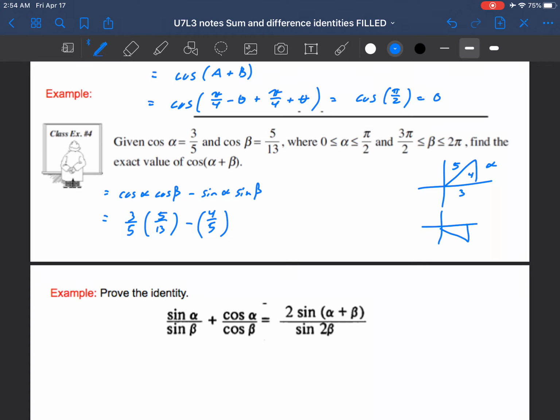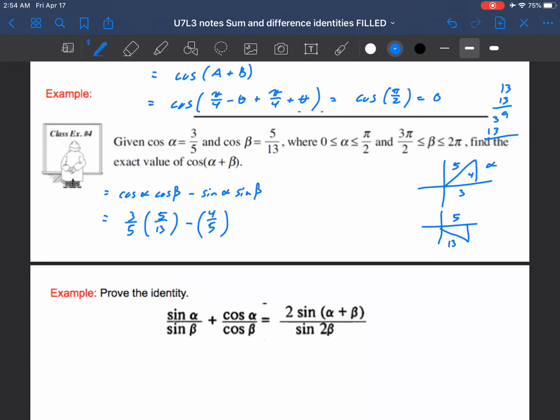All right, so what do we know about beta? The cosine is 5/13, so that means this is 5, this is 13. This is going to be a negative number, and it's going to be, what is that? 13 squared. Is that 169? It's a little bit embarrassing. I can't remember. 9, 3.